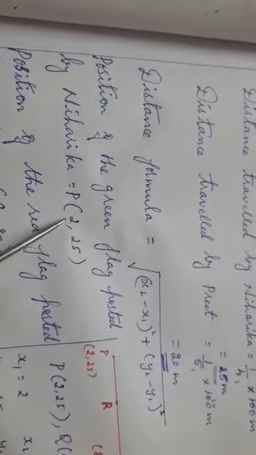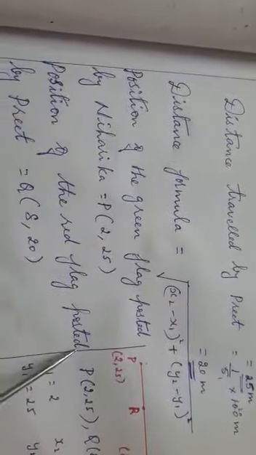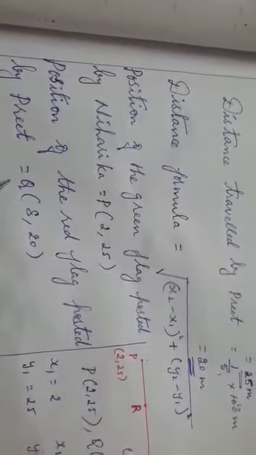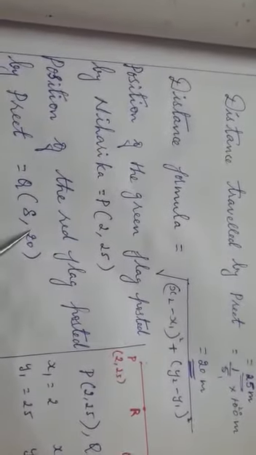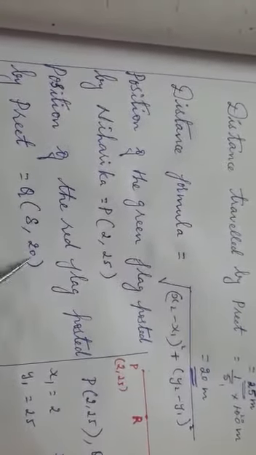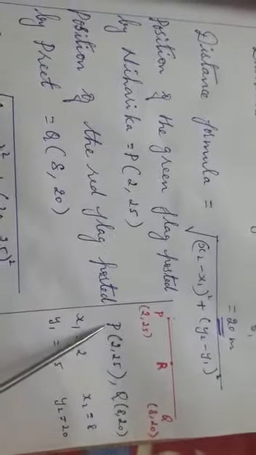We assumed that point to be P, and she is running on the second line, so it is 2, 25. 25 is the y coordinate. The position of the red flag posted by Preet is the point Q. She is running on the 8th line, so 8 is the x coordinate, and 1/5 of 100 is 20, so 8, 20.